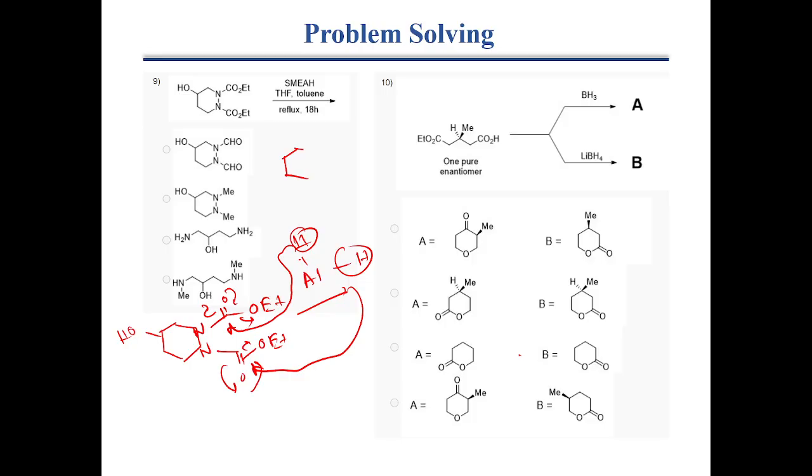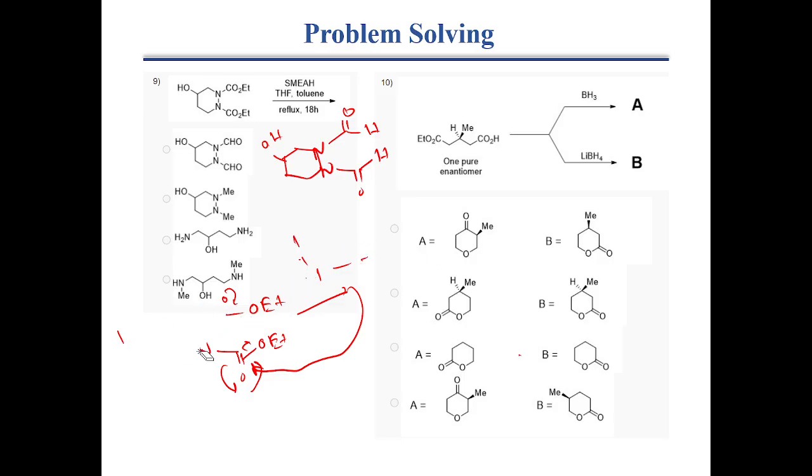This first forms this aldehyde, right? After hydrogen transfer, this aldehyde is further reduced to alcohol in lithium aluminum hydride condition.